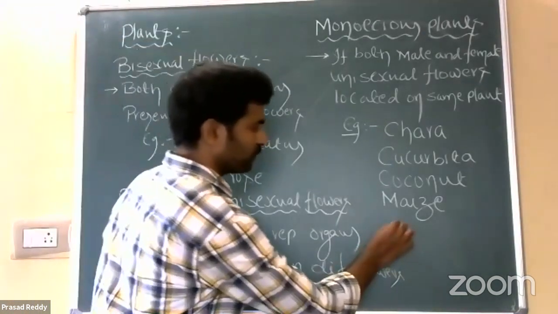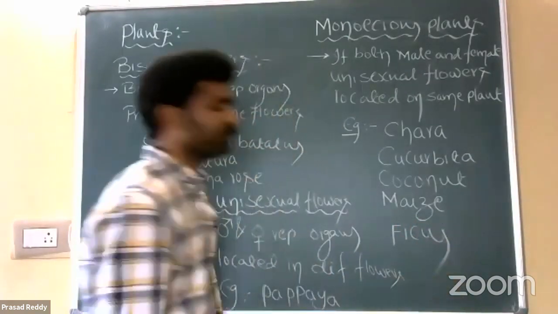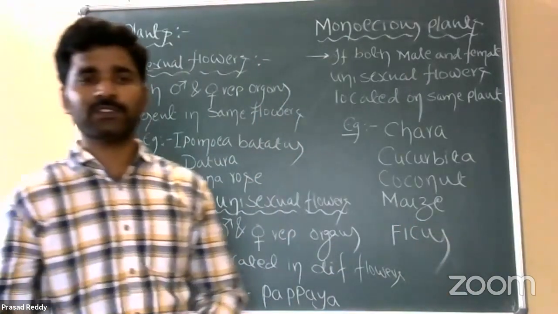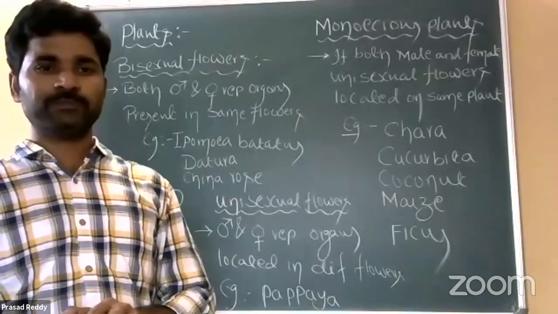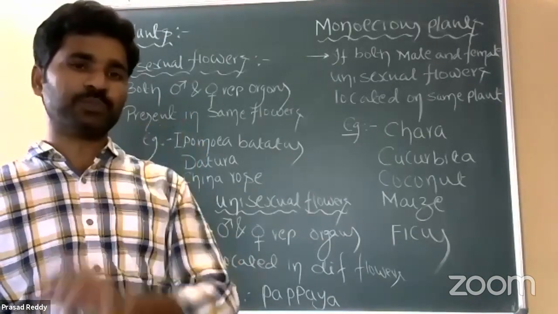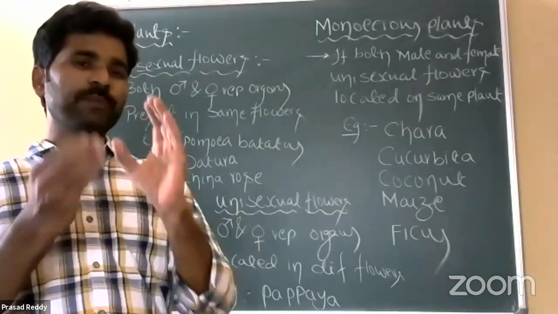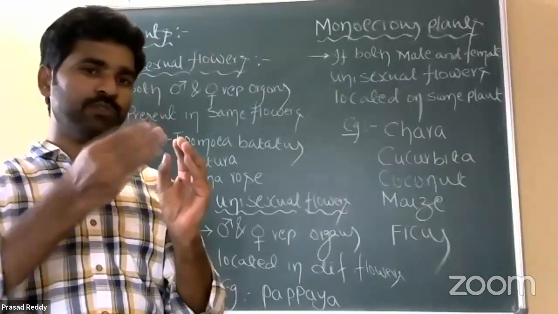And fig fruits, Ficus species. Ficus bengalensis and Ficus religiosa are also examples for monoecious plants. See, in fig fruits, better to take anjur. In anjur fruits, female flowers are located at the base and male flowers are located near the opening.